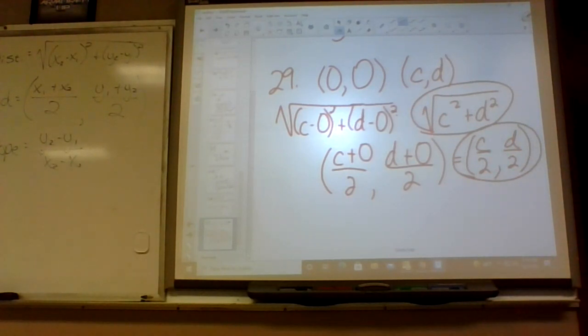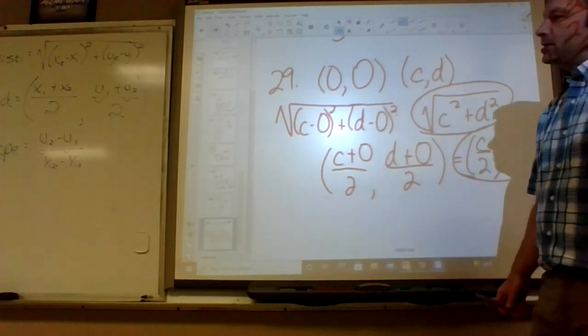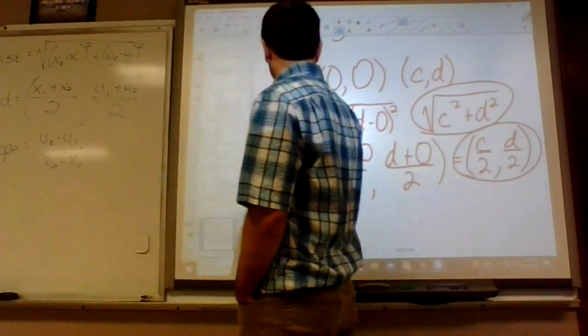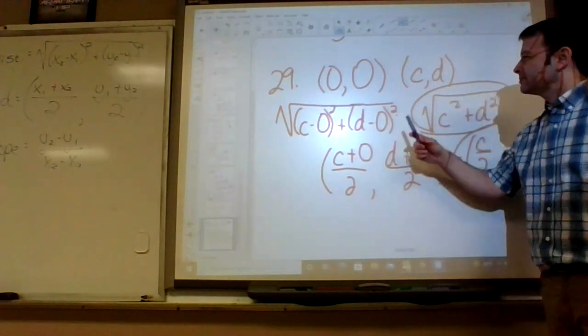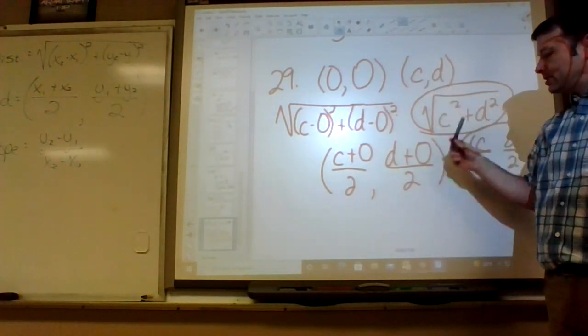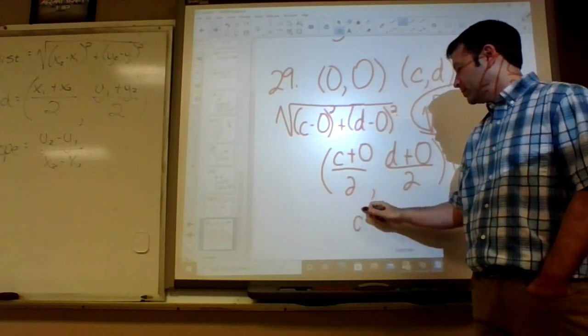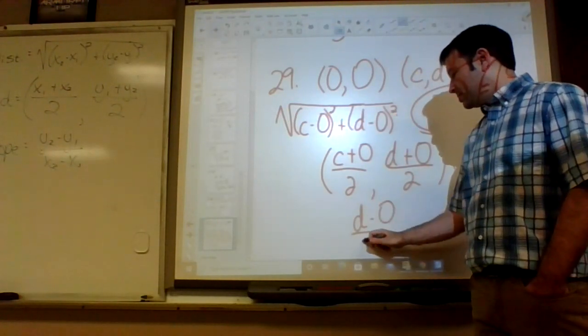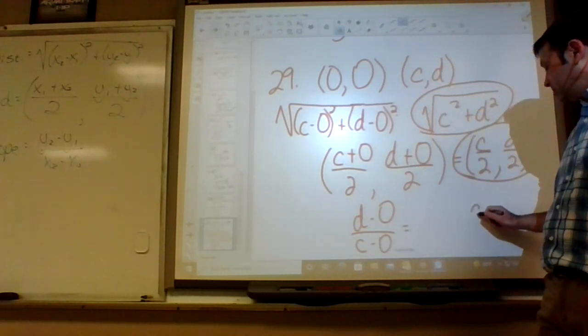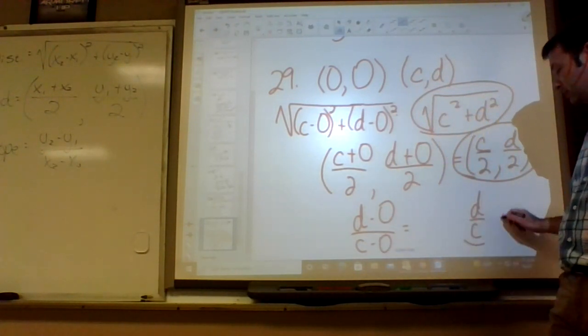That is the midpoint. Last but not least, y minus y over x minus x. Which ones are the y's? D and 0. So I'm going to put D minus 0 on top and C minus 0 on bottom. So it's D over C.